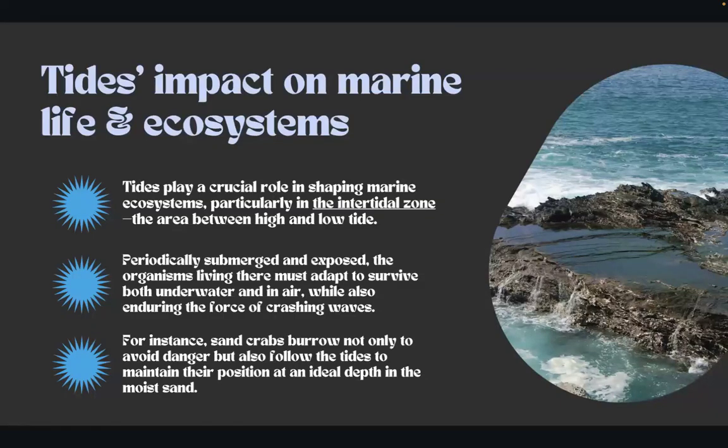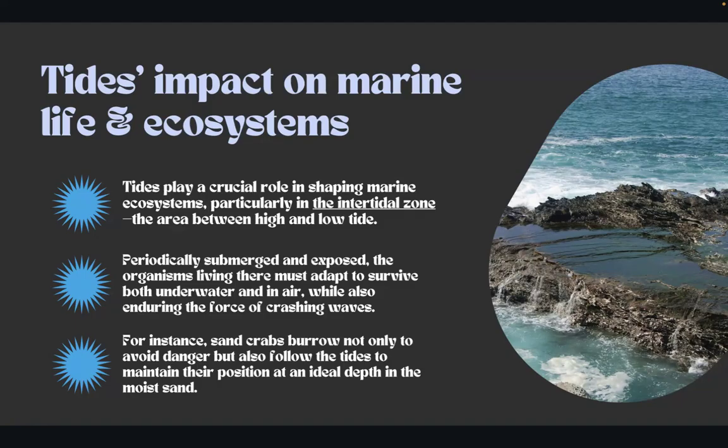Right. So now that we have learned about the scientific aspects of the tides, let's learn about their impact on marine life and ecosystems. Tides play a crucial role in shaping marine ecosystems, particularly in the intertidal zone, which is the area between high and low tide.